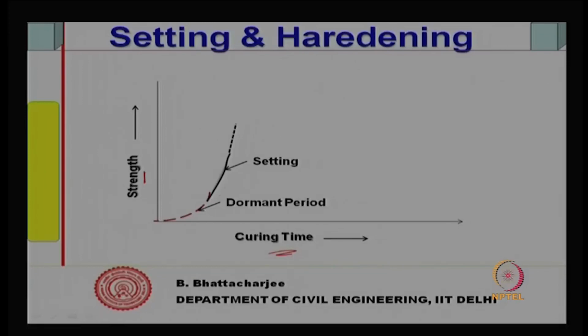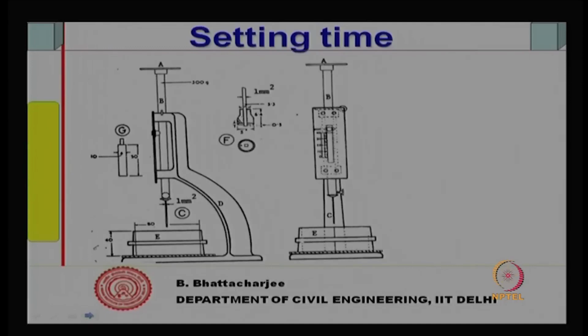It will solidify, quick strength gain has occurred, but during the hardening process, the strength gain will follow in this manner. So, this is what we understand. Hardening essentially is related to strength gain, setting is related to solidification, but strength gain does occur during that period as well. Setting is measured again by this Vicat apparatus, but now you have a different needle. You use this needle.